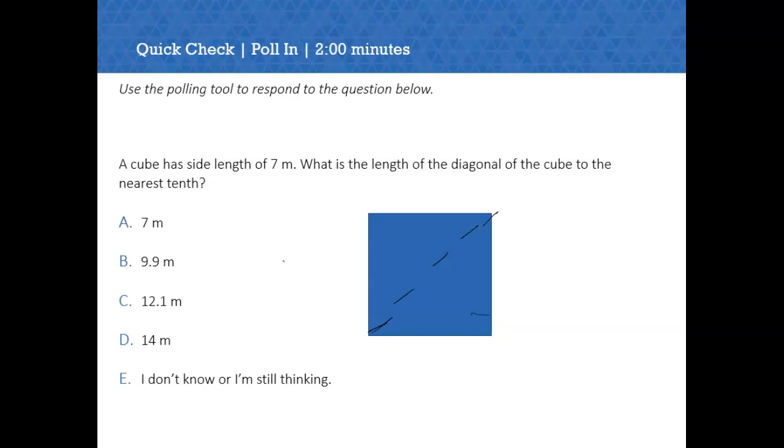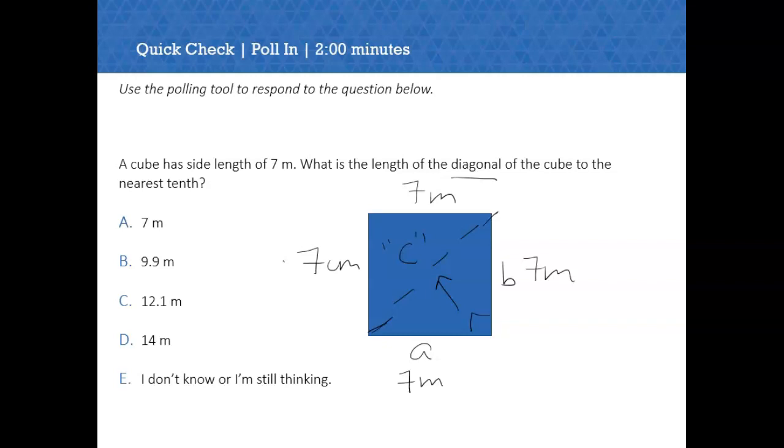So this is a right angle. So this makes a right triangle where the hypotenuse is here. So what is the length of the diagonal? Here's the diagonal. That's our hypotenuse, so there's our C. And our legs are down here, A and B. And the cube has a side length of 7 meters, so that's all the way around. So again, that's why it doesn't matter which way you do the diagonal.